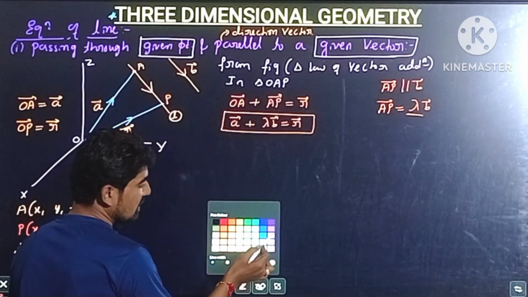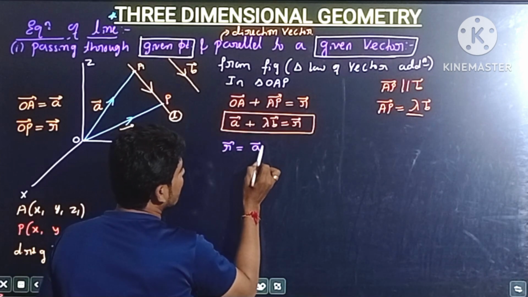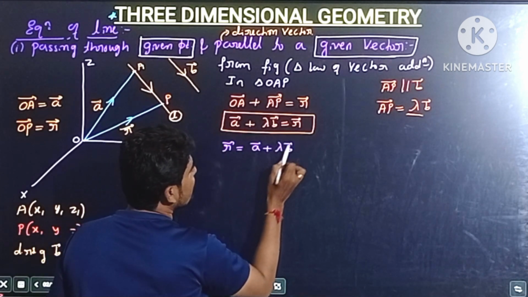So R vector is equal to A vector plus lambda times B vector.